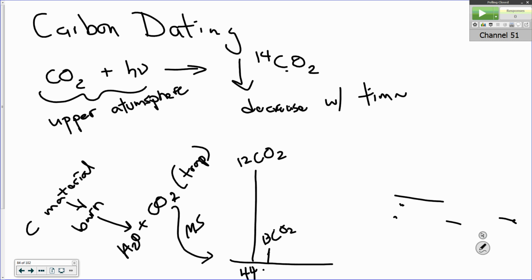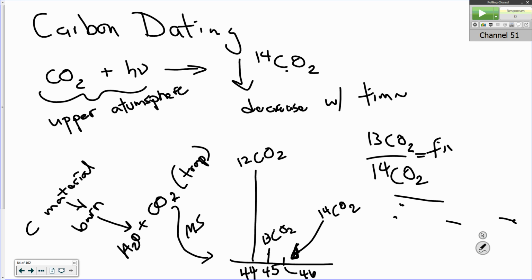But occasionally there's one of these slightly radioactive ones, and the scale is not correct at all, because this is at the 1/10,000th to 100,000th, depending on how decayed it is. This one's going to be at 46. It's the C14 CO2.